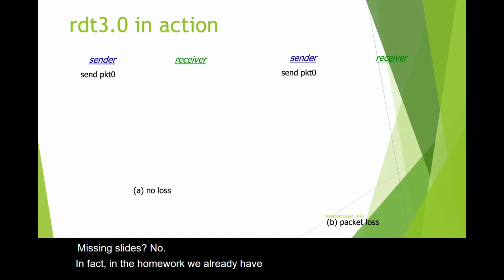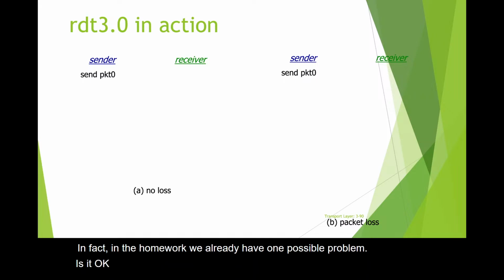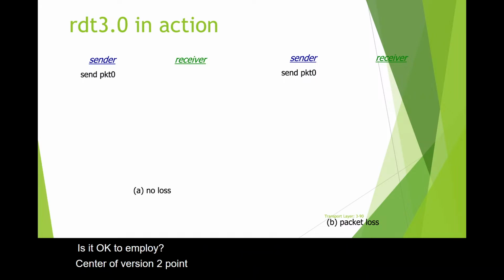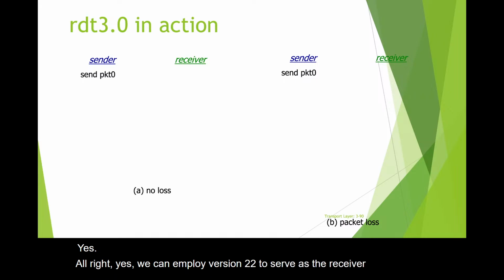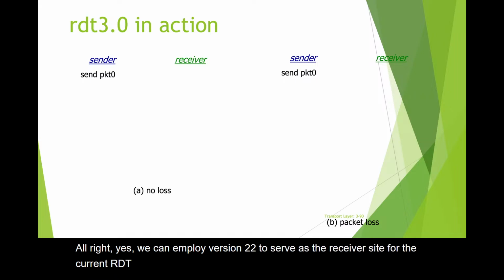Is it okay to employ the sender of version 2.2? Yes. We can employ version 2.2 to serve as the receiver side for the current RTT version. So that's why we skip it.